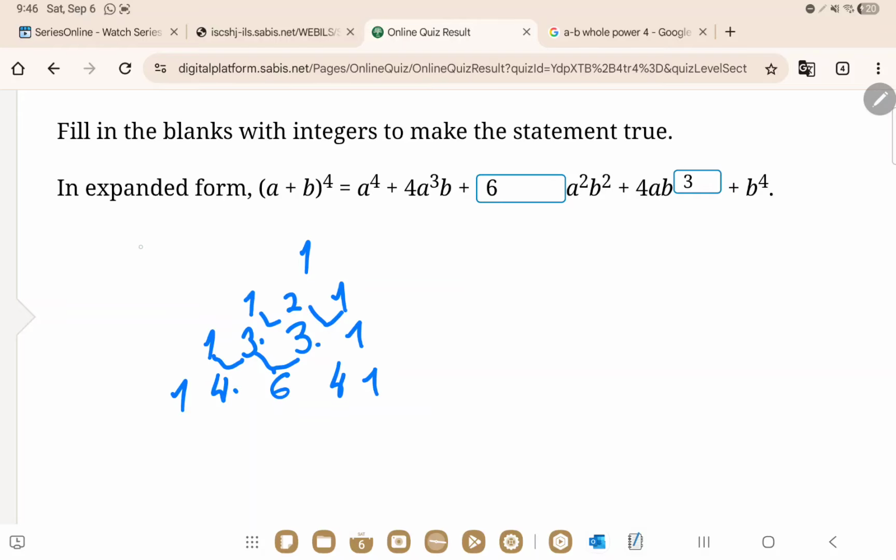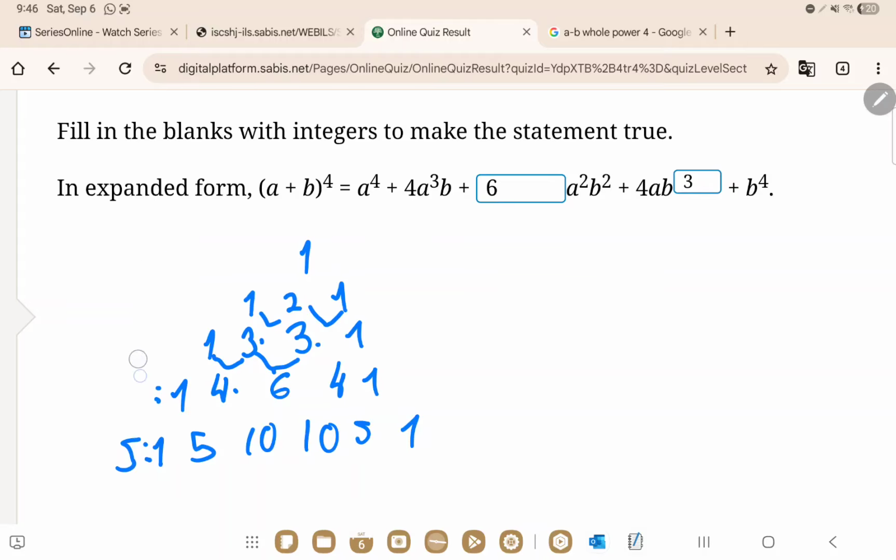That's Pascal's triangle. This is when your exponent is 1, this is when your exponent is 2, 3, 4, and if it were 5, then here 10, then here 10, then here 5, then here 1. So that's just Pascal's triangle.